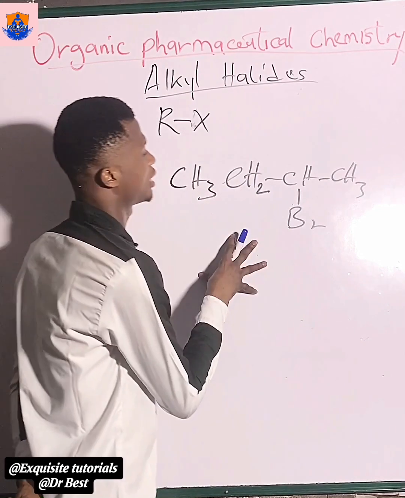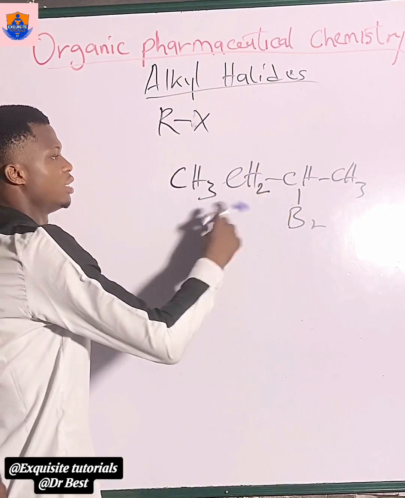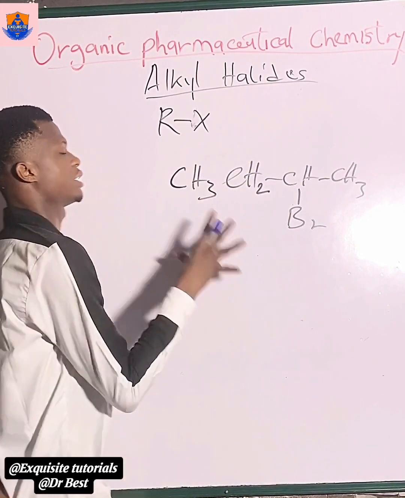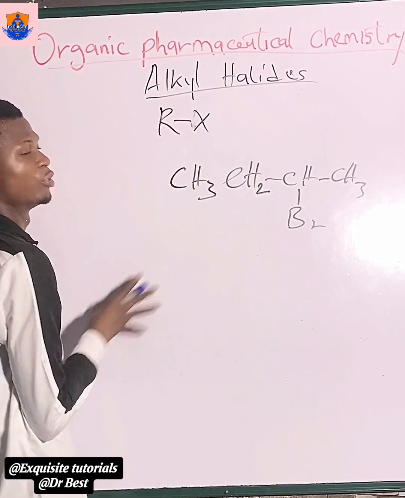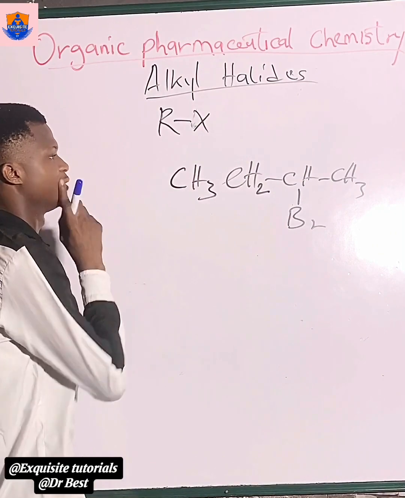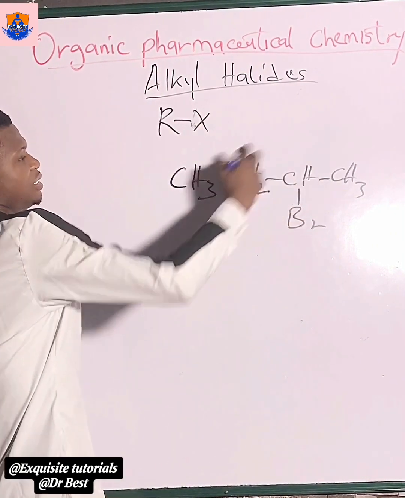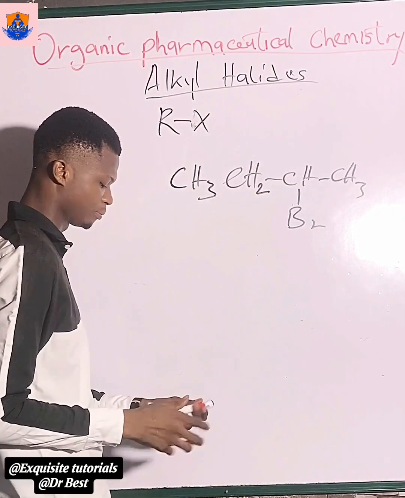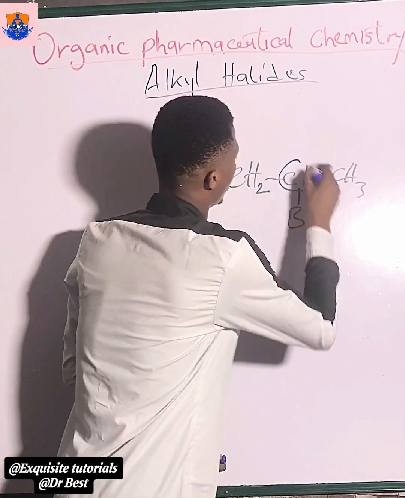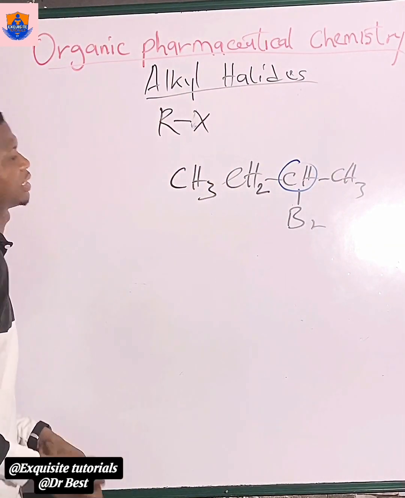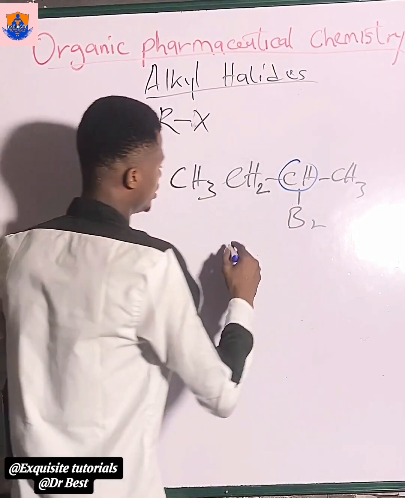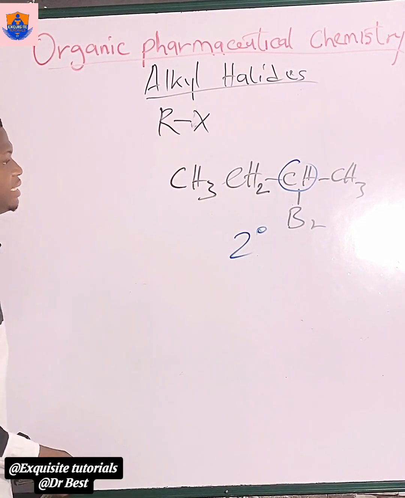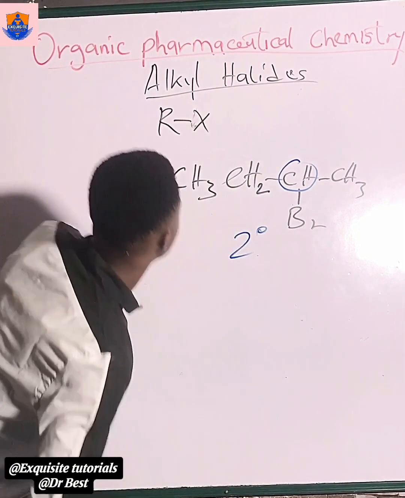While a secondary alkyl halide is bonded to 2 other groups, it's going to have 1 hydrogen attached to it. A tertiary alkyl halide is bonded to 3 other groups plus the bromine or the halogen, so it's going to have no hydrogen. Now this particular carbon here that this halogen is attached to has been bonded to 2 other groups. So this is a secondary alkyl halide. Simple as that, right?